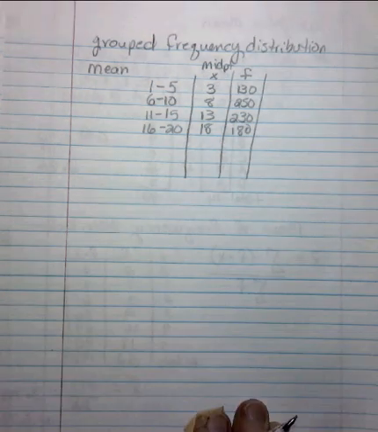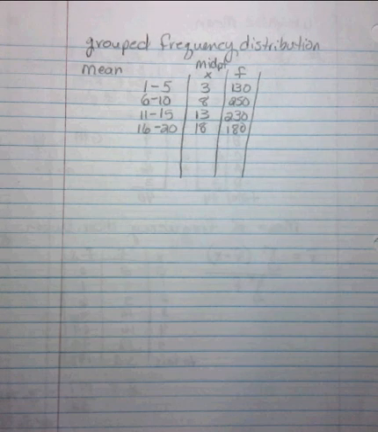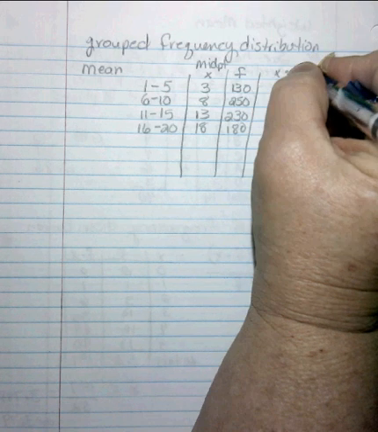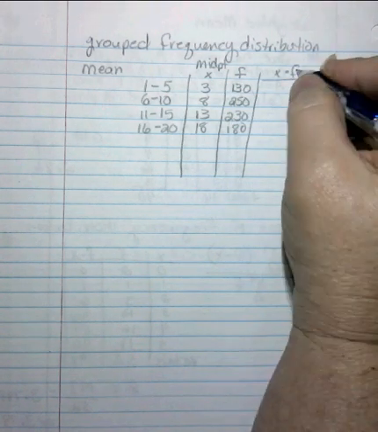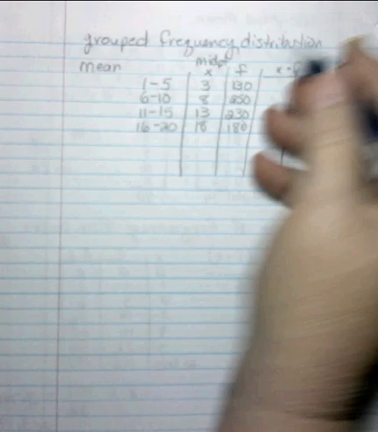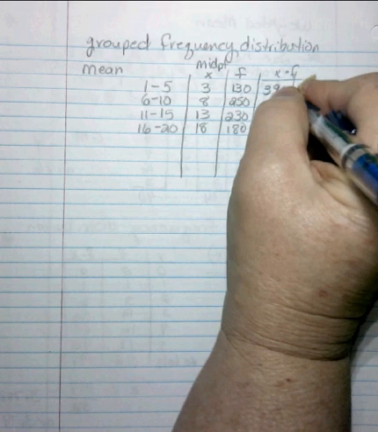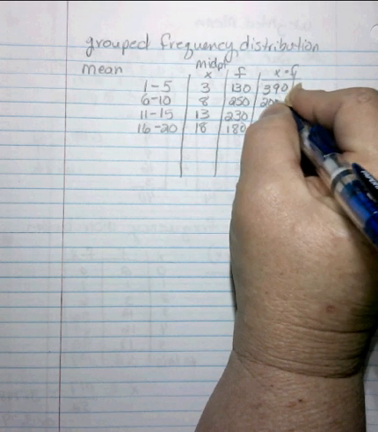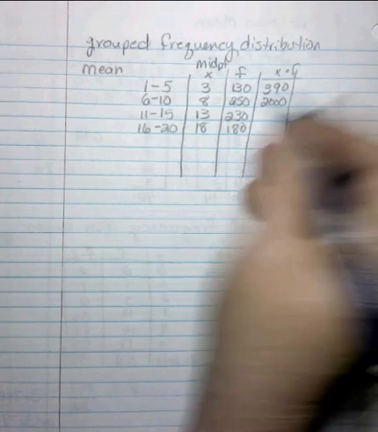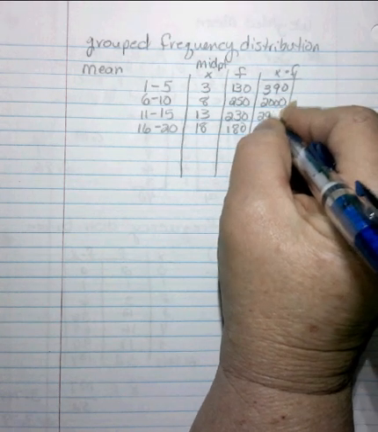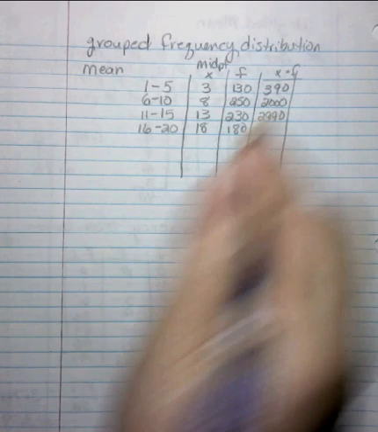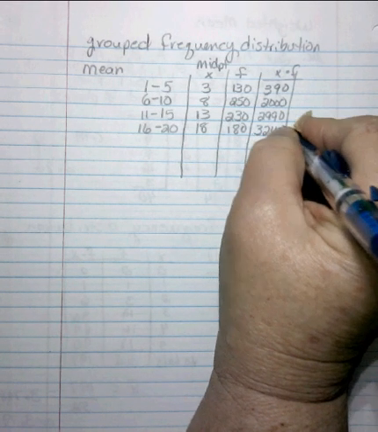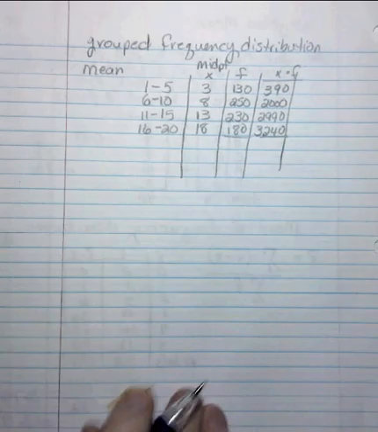I thought we needed to use some larger numbers this time so you could see what happens there. So we have x times the frequency in this column. So 3 times 130 would be 390. 8 times 250 is going to be 2,000. 13 times 230 is 2,990. And 18 times 180 is 3,240.